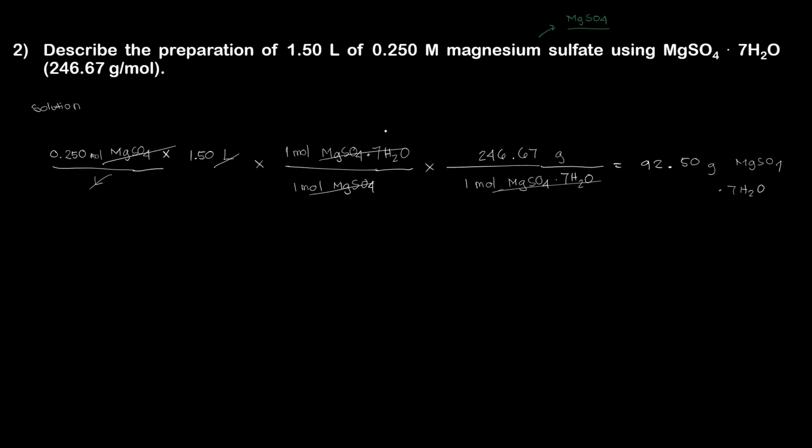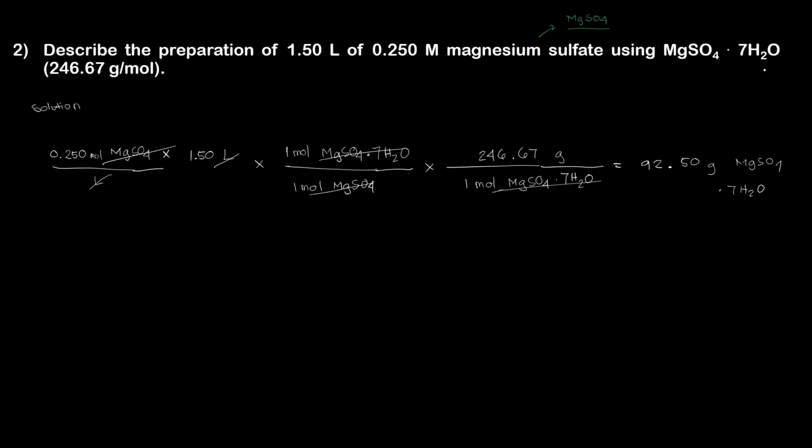That would be a challenge because this is particularly an easy question, right? Sometimes this is not given, and you need to use your periodic table. Oftentimes students get confused about what molar mass they should use. Some students will use the magnesium sulfate, and some students will use this.